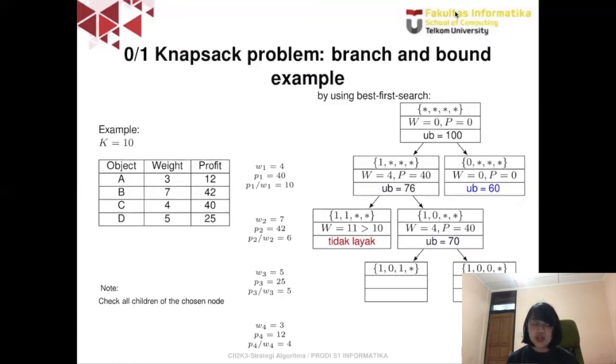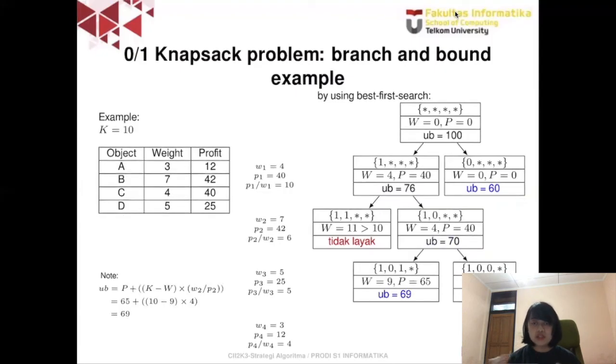So we check the third item, whether we choose it or not, and check the total weight, total profit we can have, and also the upper bound, which is the total profit we already have, plus the remaining capacity, which can be filled by the item that has density no more than 4 here, which means the upper bound is 69.